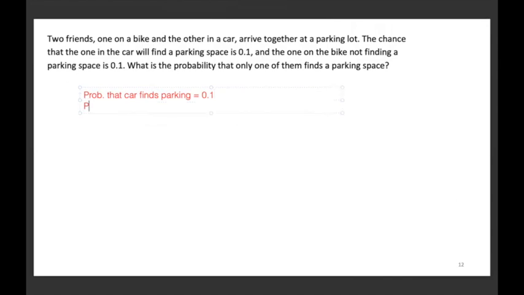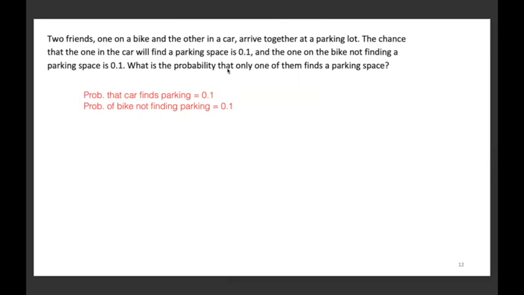Also, we are provided that the probability of the bike not finding parking is 0.1. It's written here. The chance that the one in the car finds a parking space is 0.1 and the one in the bike not finding a parking space is 0.1.